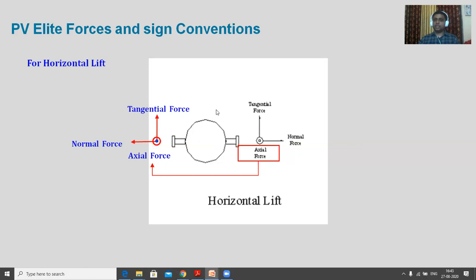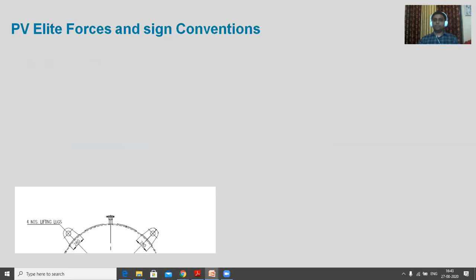Whether all these three forces will come into the picture: yes, they can, but for that we must have single point lifting, and the lifting point must also not be in this plane. It is in some other plane where these lifting lugs are not there. It is not in the plane of the lifting lug; only then will these three forces come into the picture. Otherwise, only two forces will come into the picture.